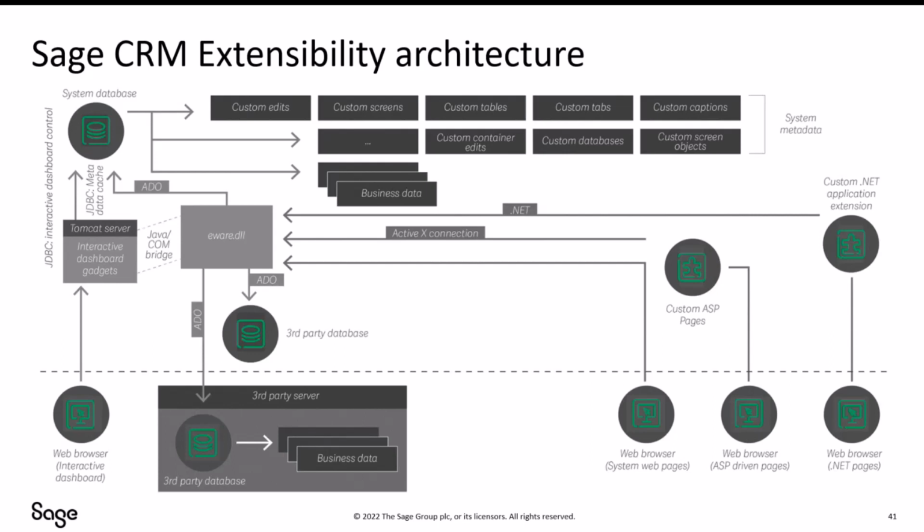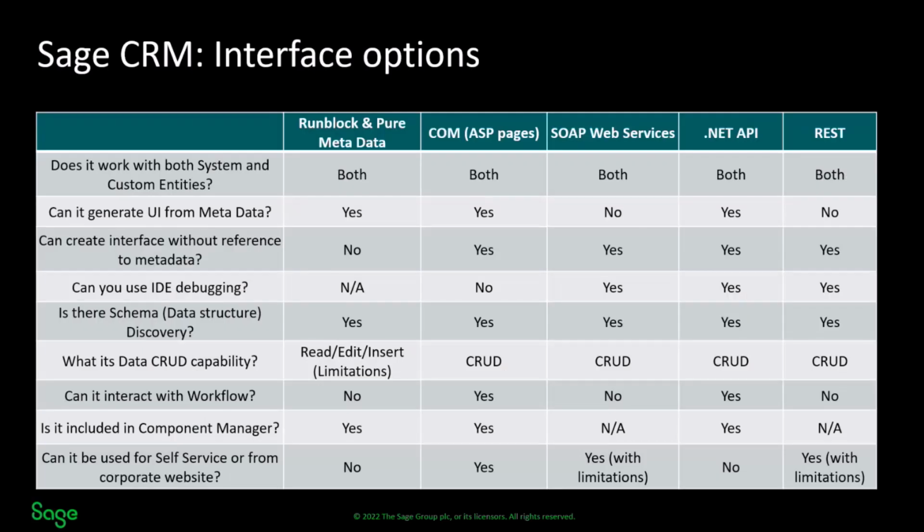Now, I've started to describe a whole set of different APIs, and they all have their strengths and they all have their weaknesses. So if we just consider what those are, I've looked at the idea of using RunBlock. I've talked about the REST and the SOAP APIs, and I've talked about the .NET and the classic ASP pages. As you can start to see from this grid, you would end up choosing a tool based on its ability.